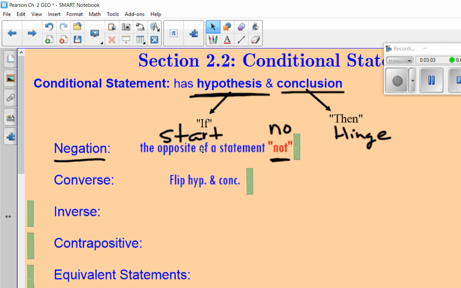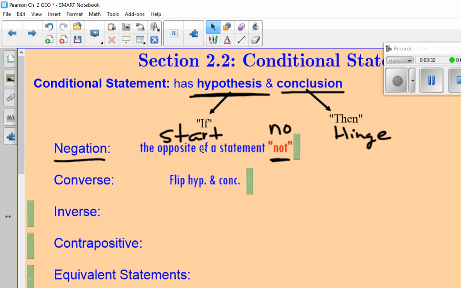Like the example, if I sneeze, then I have a cold. So if I sneeze was the hypothesis, and you have a cold is the conclusion. Well, now to do the converse of that, I flip it. So, if I have a cold, then I sneezed. We'll play with that in a little bit too.